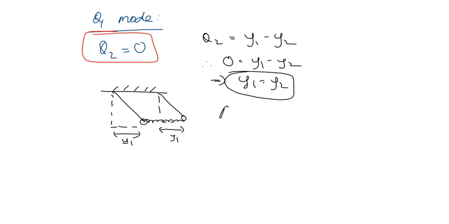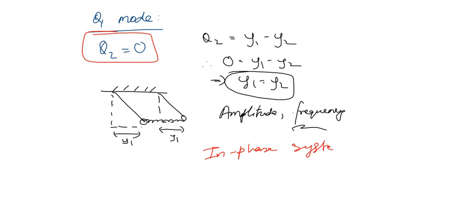So the amplitude, the frequency, and all associated parameters remain same. And this mode is also called your in phase system. In phase system. Why? Because these two bodies are always in the same phase. They always go together.